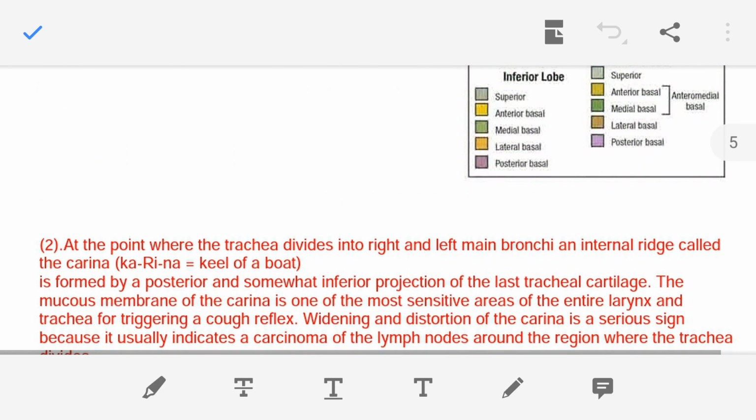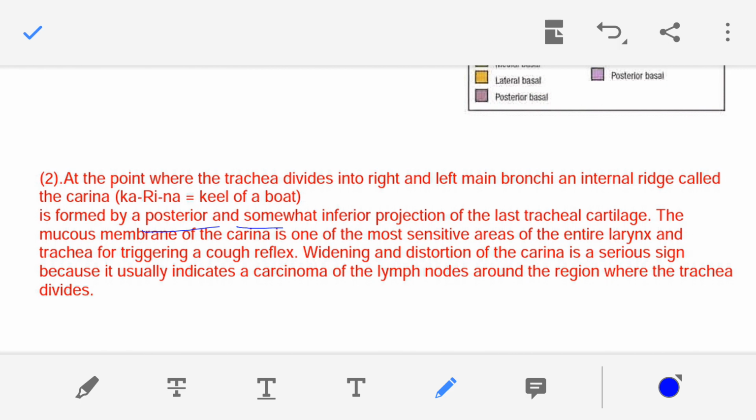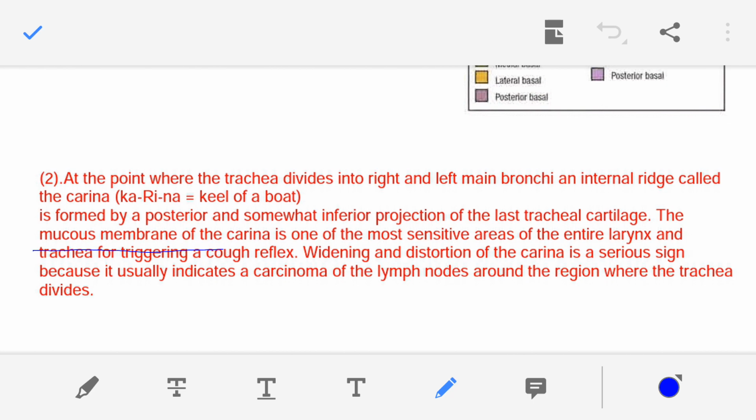And what is this carina and how is it formed? It is formed by the posterior and somewhat inferior projection of the last tracheal cartilage, and the mucous membrane of the carina is one of the most sensitive areas of the entire larynx and trachea.